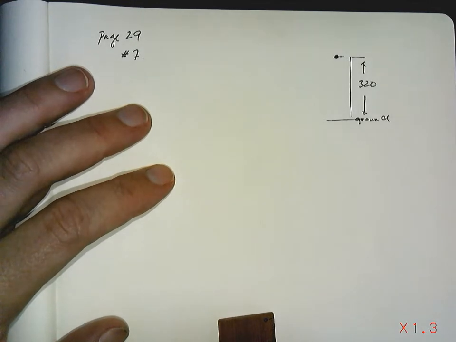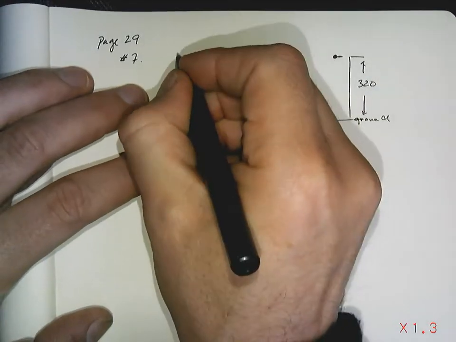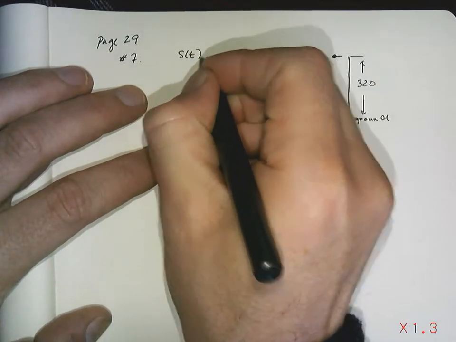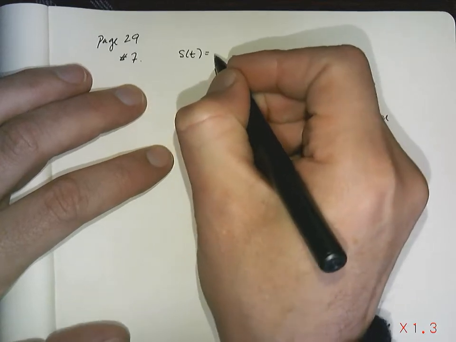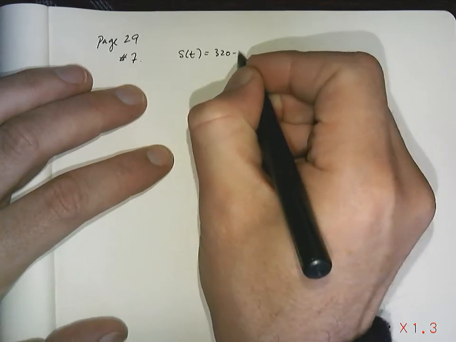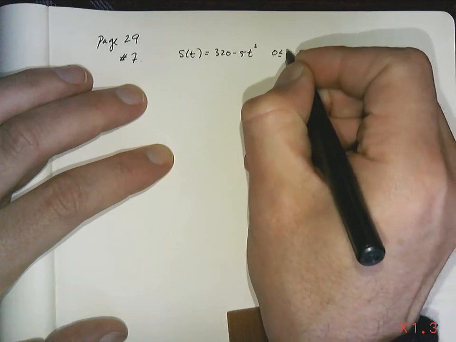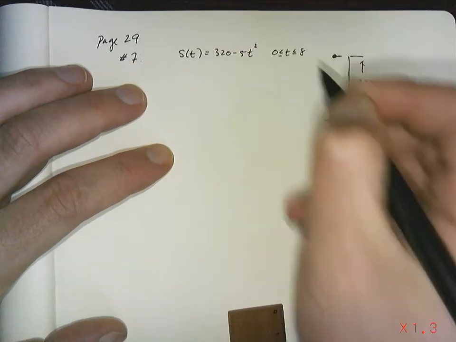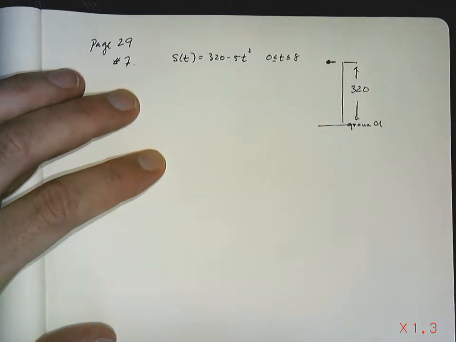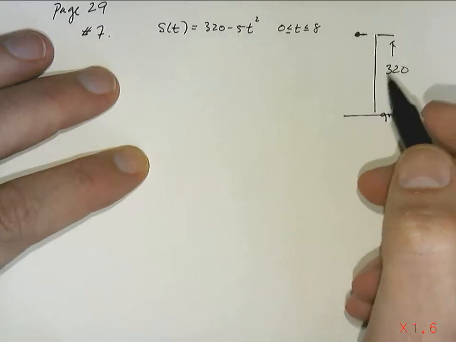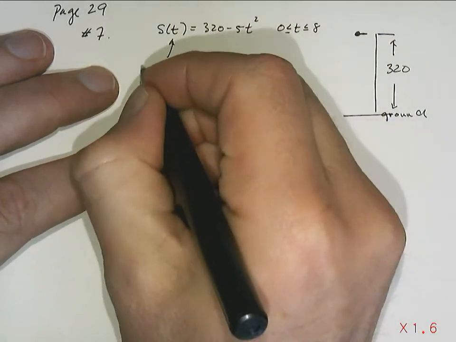They're giving you a height of S meters at 320 minus 5t squared, anywhere between t equals 0 and t equals 8. So they're telling you that this is height.